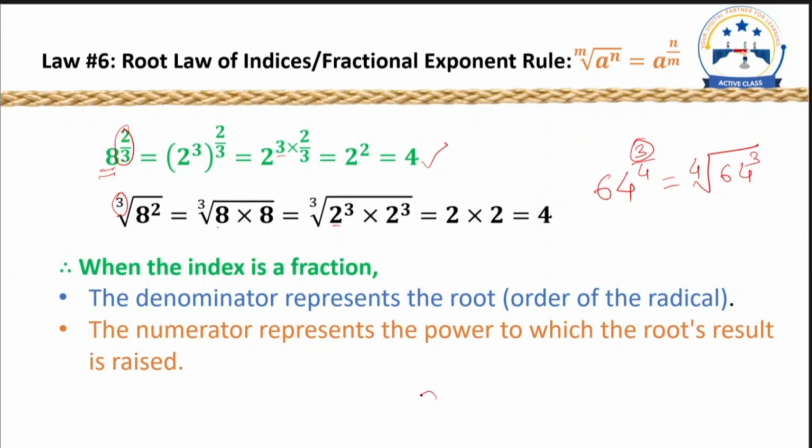Like if you have a power m by n, n is the denominator of the fraction, so n will be the order of the root and m will be the power under the root. This is the root law of indices.